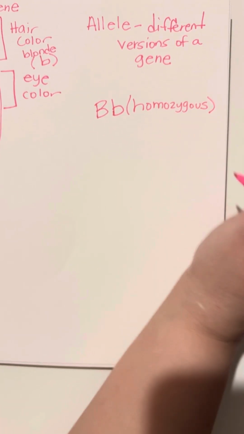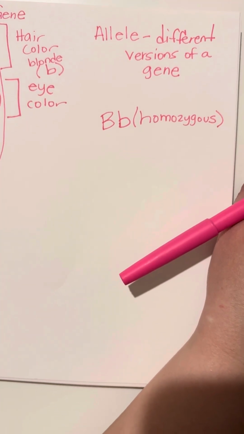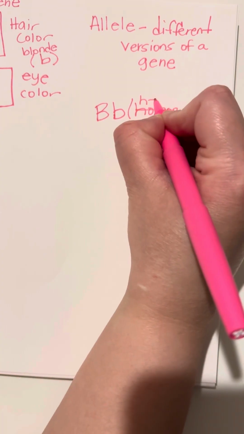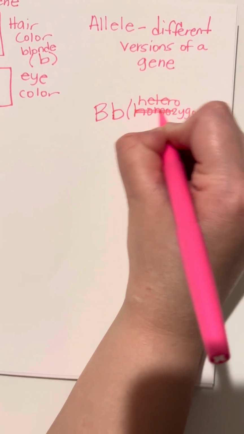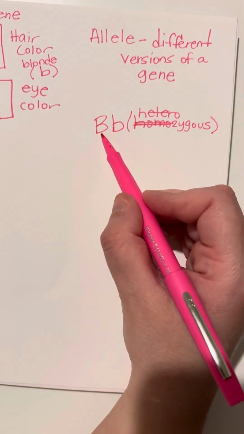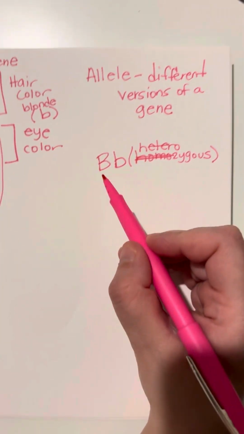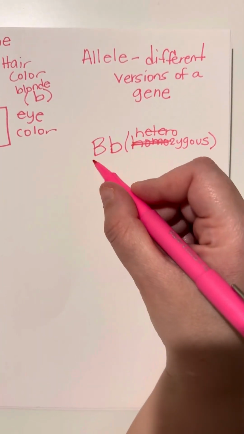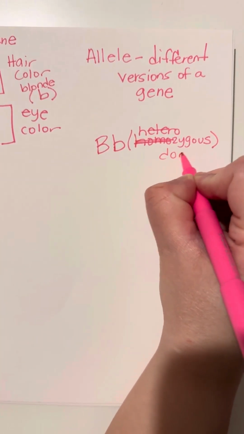I'm sorry, that's wrong. That's heterozygous, not homozygous. I don't know what I was thinking. Heterozygous, because you have one uppercase and one lowercase. Because you have an uppercase letter, the uppercase is always dominant. So this would be heterozygous dominant.